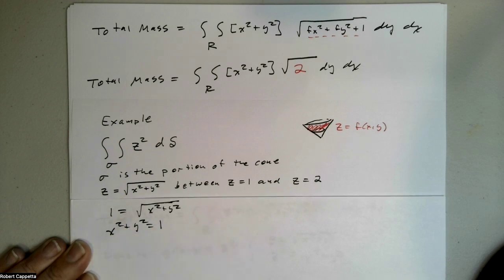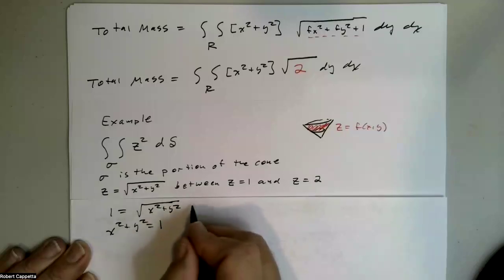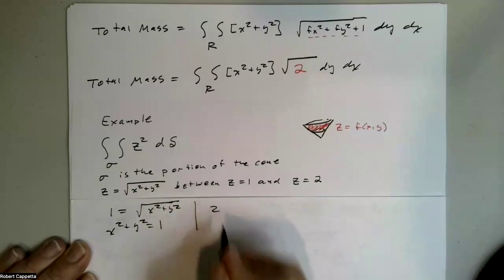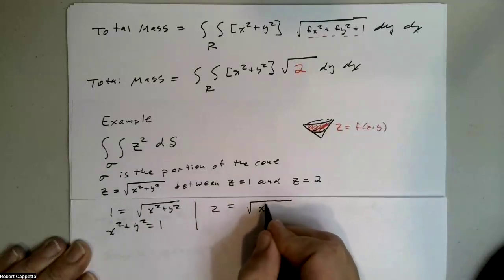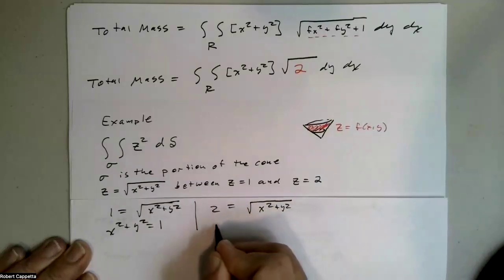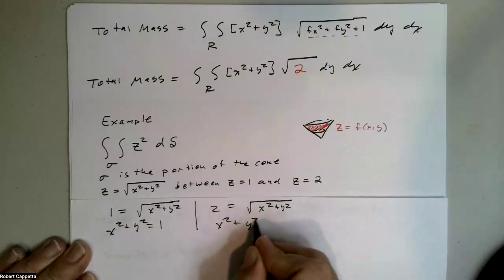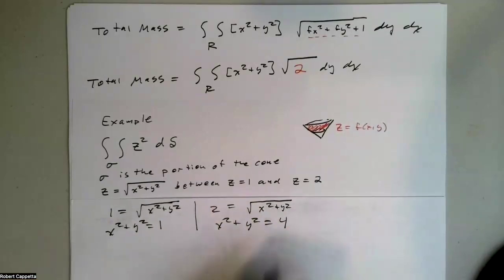So a circle centered at the origin with radius 1. If 2 equals the square root of x squared plus y squared, I get x squared plus y squared equals 4. So I have a circle of radius 1 and a circle of radius 2.